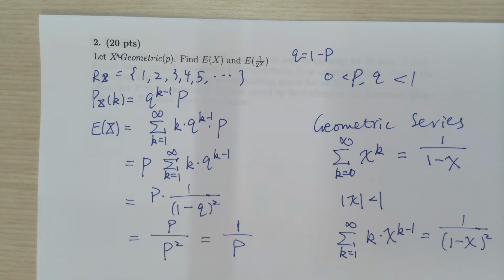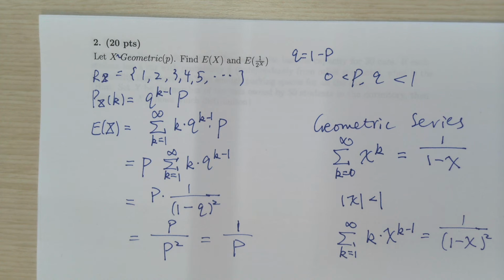In other words, if p is very small, the probability of getting a head for each trial is very, very tiny. Do you agree that 1 over p is extremely large? So you can expect that you need to toss the coin a very large number of times before you observe a head.